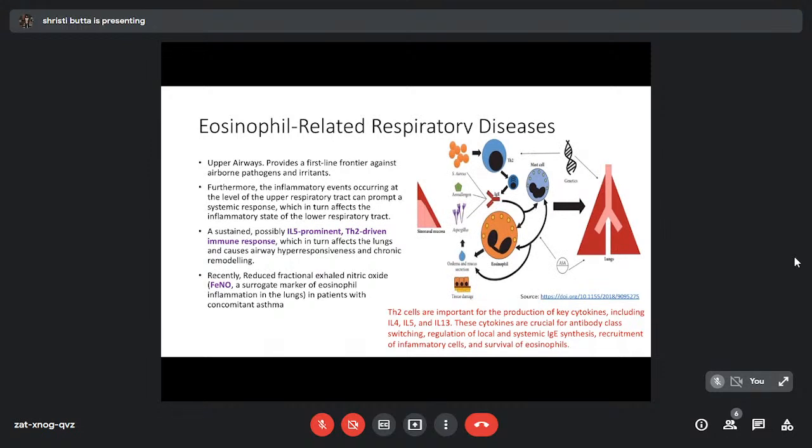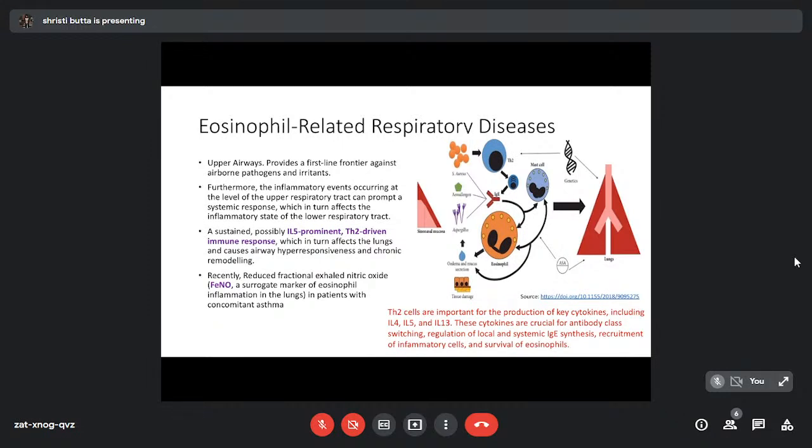So anything like Staph aureus, aeroallergens, aspergillus, etc., all cause stimulation of the T helper 2 cells. The T helper 2 cells produce interleukin 4, 5, and 13, of which 5 is typically very important. The T helper 2 cells subsequently help B cells, and these B cells undergo class switching and produce local and systemic IgE.